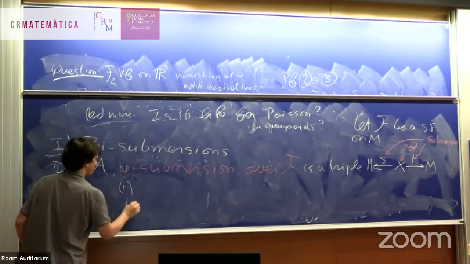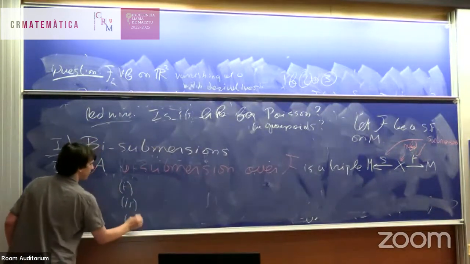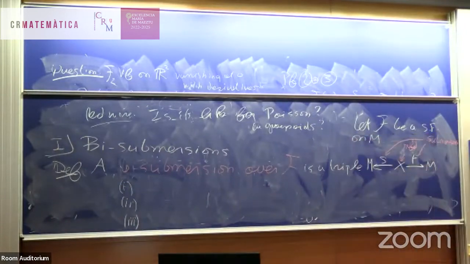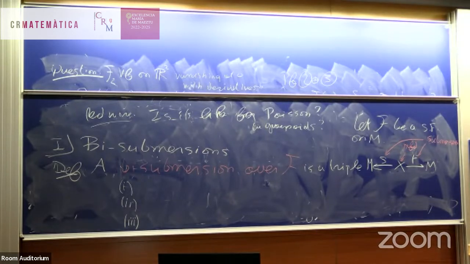Three conditions. Well, I told you yesterday, one of the elementary operations with singular foliations is that they can be pulled back. As a smooth distribution, you just get the new leaves, and they are just the inverse image of the old leaves. As vector fields, basically, you take the vector fields, lift them in an arbitrary way, and add all vertical vector fields, which are tangent to the leaves.